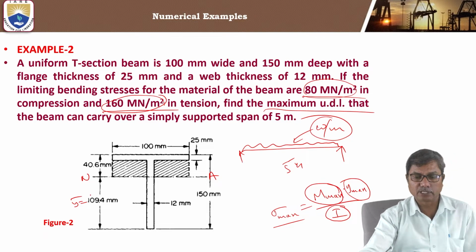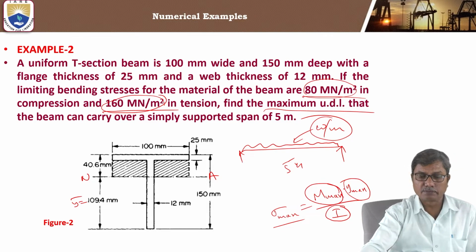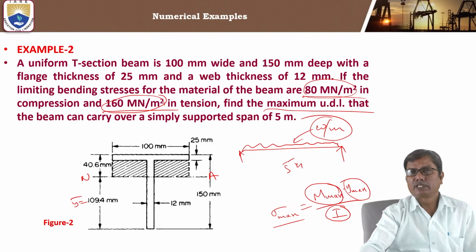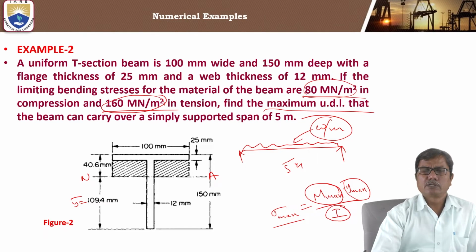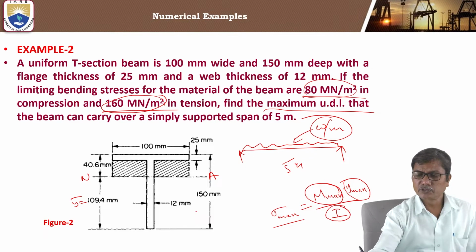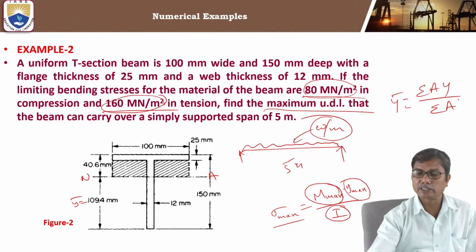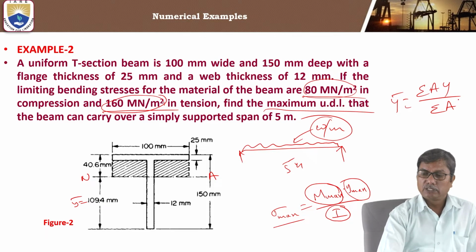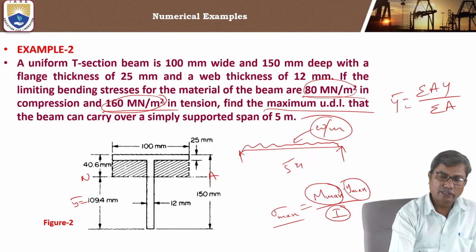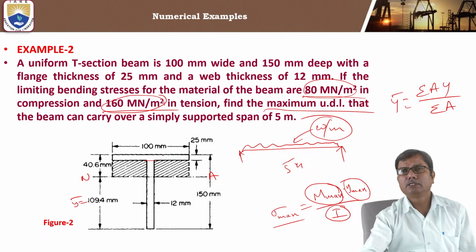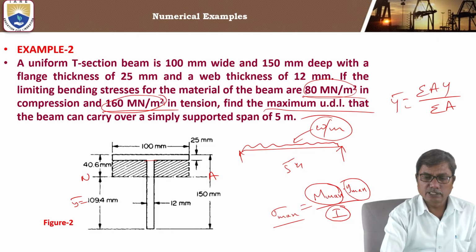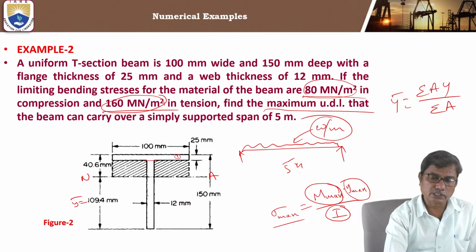How to find the location of the neutral axis, y bar from the bottom? We use the expression y bar is equal to sigma a y by sigma a. Here we can divide the area into two portions, the flange and web.